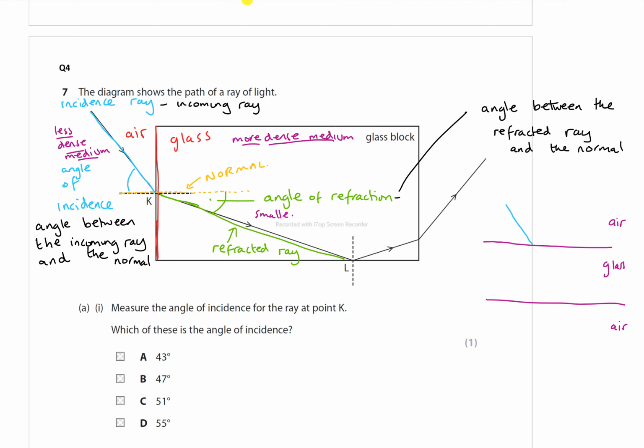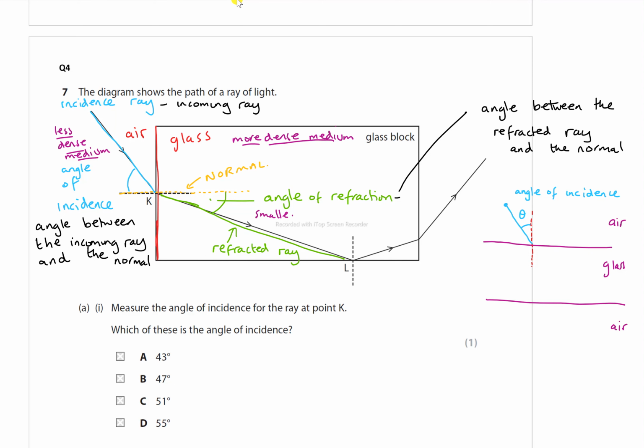Blue is blue. Right, so that's your angle of incidence. Oh my god, I can't spell. I was going to put index or indices or something. Incidence.